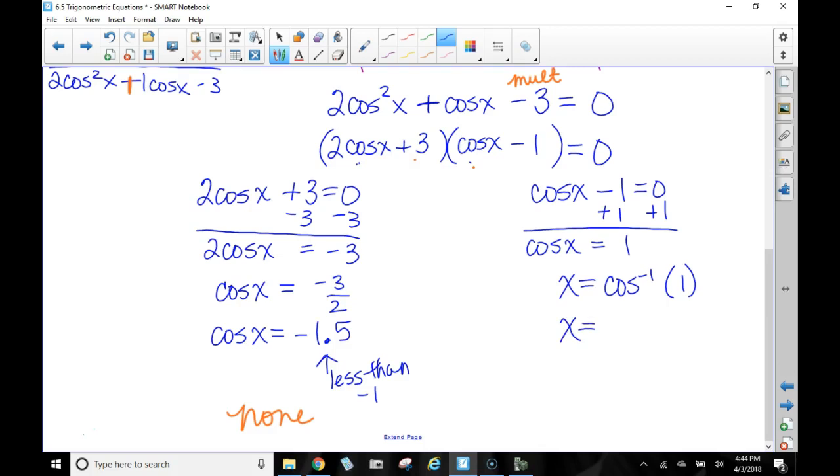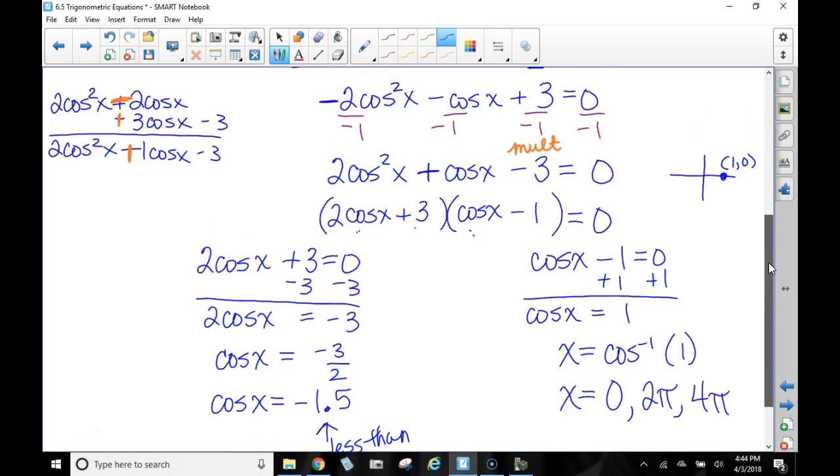What angle has a cosine value of positive 1? Okay, remember, if you want to set this up, this angle right here, which would correspond to the ordered pair 1, 0, this angle has a cosine value of 1. So 0 and 2 pi and 4 pi, etc.